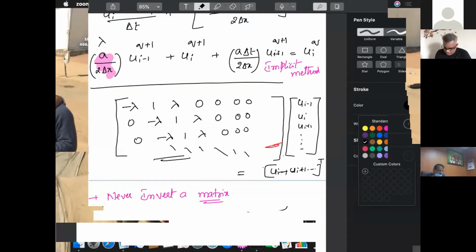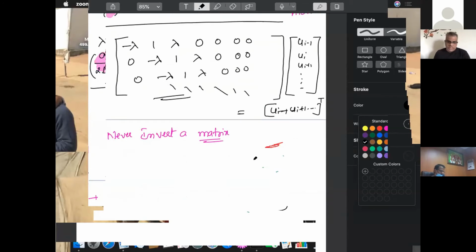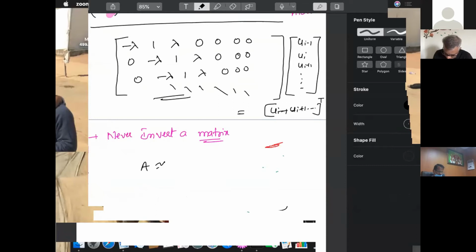So if you inevitably have to do this, then A is approximated as an LU approximation or LDU approximation, and you solve it in three different steps.